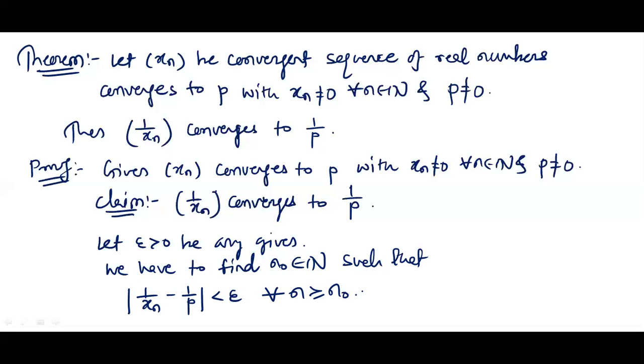Okay, consider mod of 1 by xn minus 1 by p.